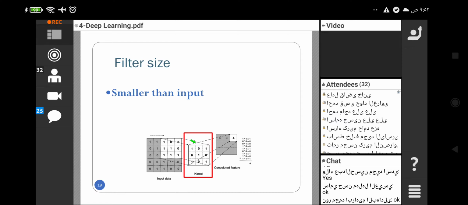In some CNNs the size of the kernel is 1 by 1. You may have a question about what this means. They do this because the CNN would be smaller and the number of parameters would be smaller, and this is very important.